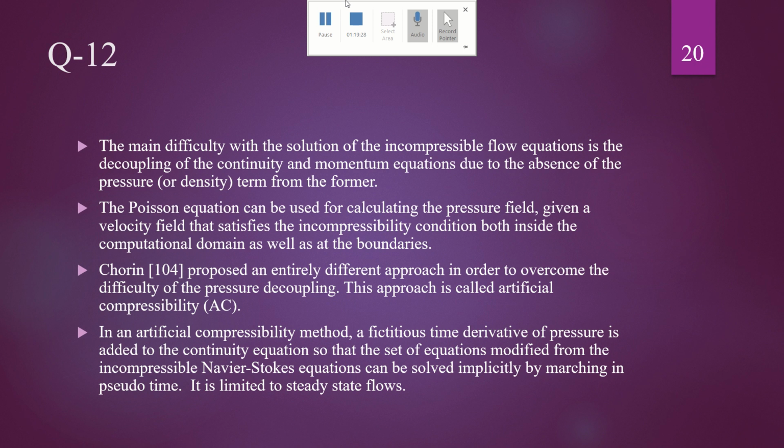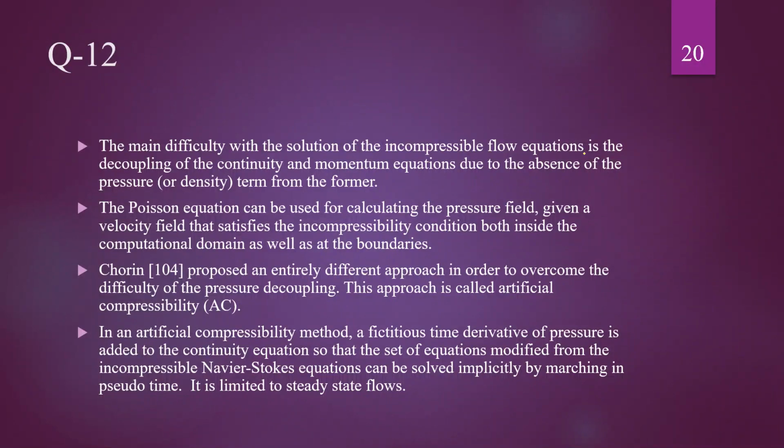This is just a note for question 12. It is given that the main difficulty with the solution of the incompressible flow equation is the decoupling of the continuity and the momentum equations due to the absence of the pressure term from the former. We can remember that in the continuity equation, the equation is del dot u is equal to 0.